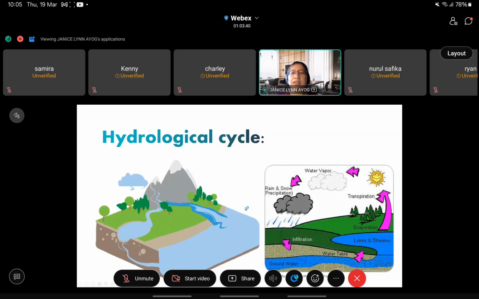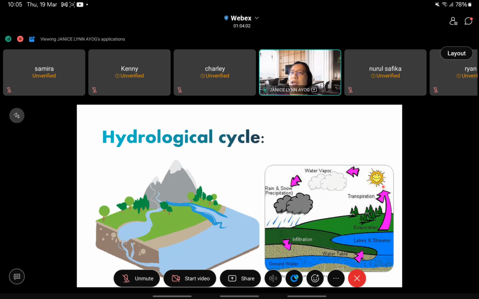If I were to help you recall, when there's water, it gets evaporated, or if there are plants, then you have the transpiration effect, or from the lake and stream, evaporation.